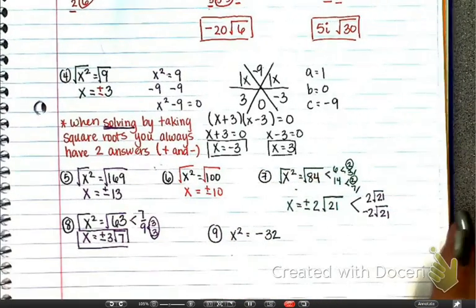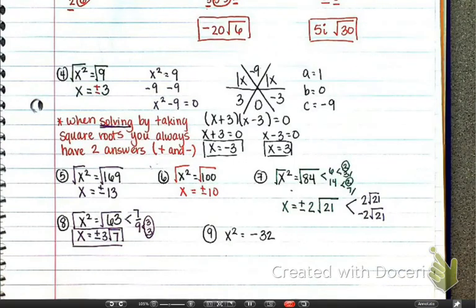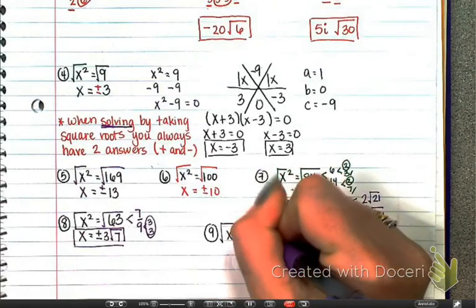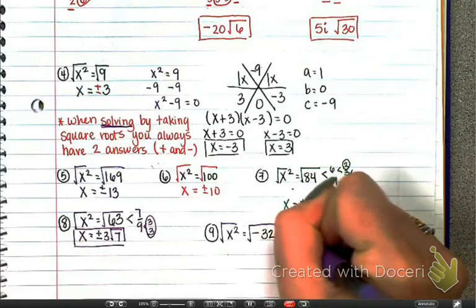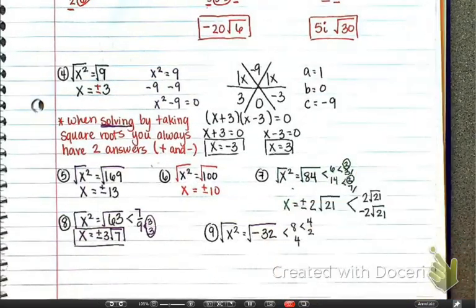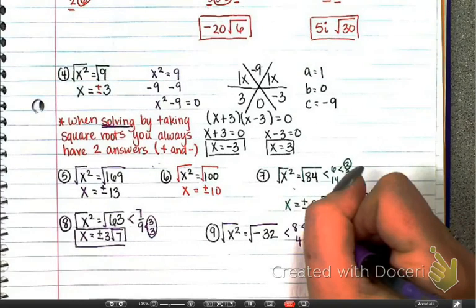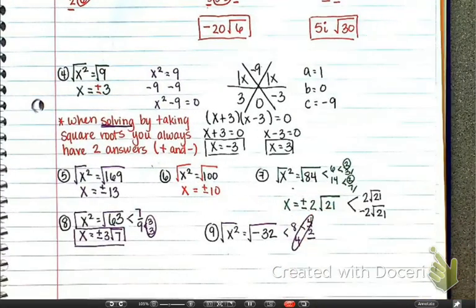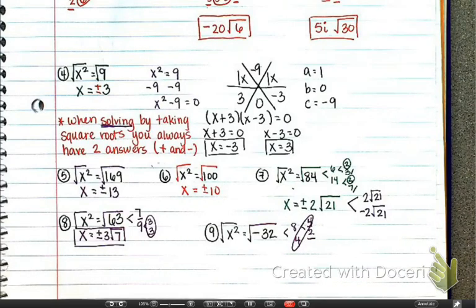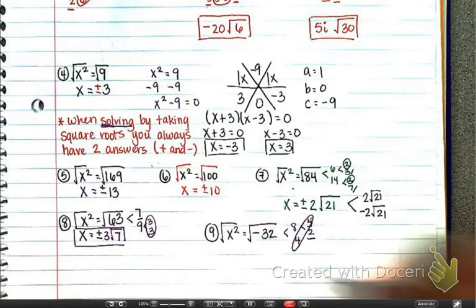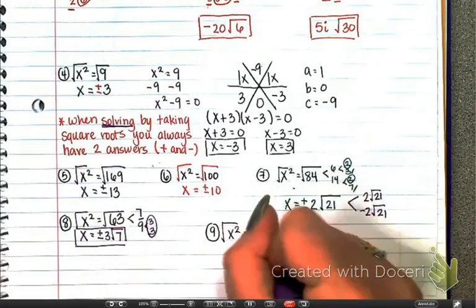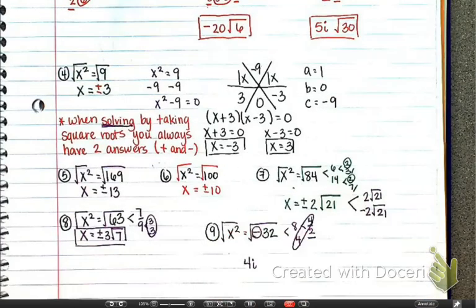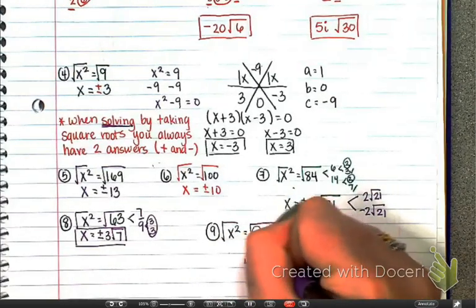I'd like you to try this one. If I am solving, I'm going to take the square root of both sides. You broke down 32 and said probably 8 and 4, and then 4 and 2. You stopped because you had a pair of 4s and you had a leftover 2. You also noticed, most of you, that there was a negative underneath the radical. So the 4 comes out, the i comes out, the 2 stays inside.